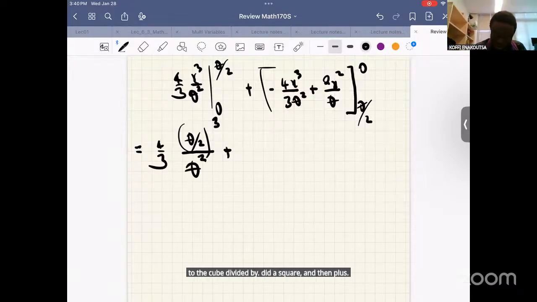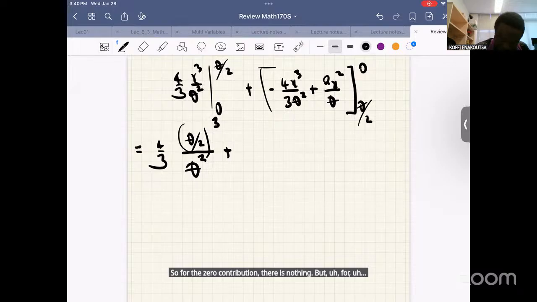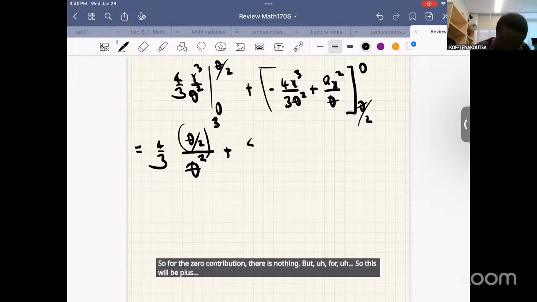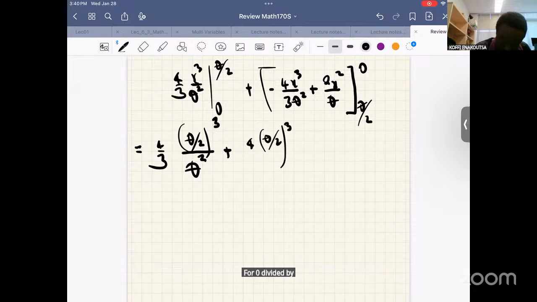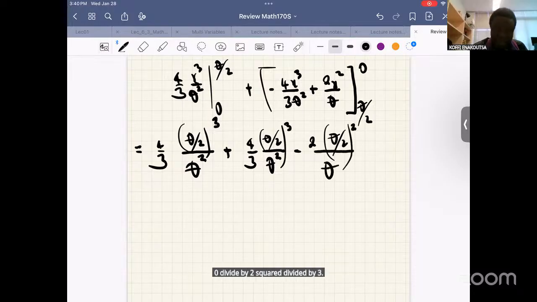For the 0 contribution, there is nothing. So this will be plus 4 times theta divided by 2 raised to the cube divided by 3 theta square, same thing as previously, minus twice theta divided by 2 squared divided by theta. Okay, so that's the first moment.